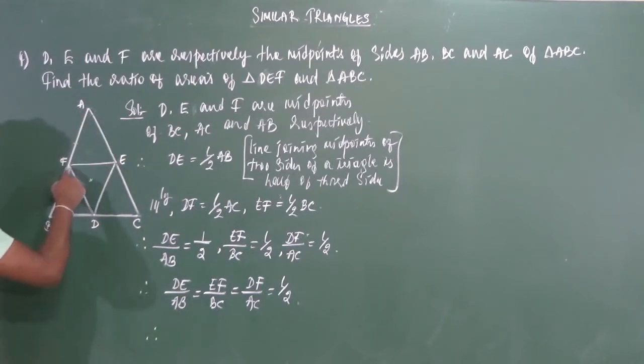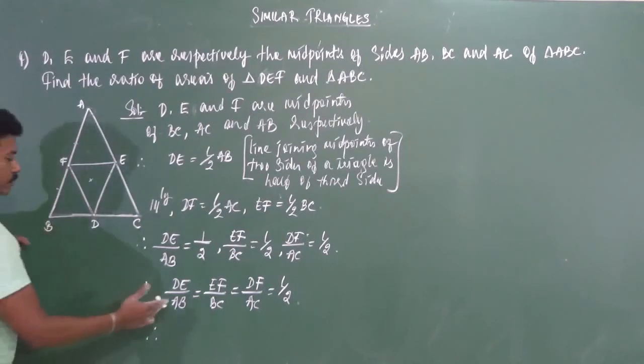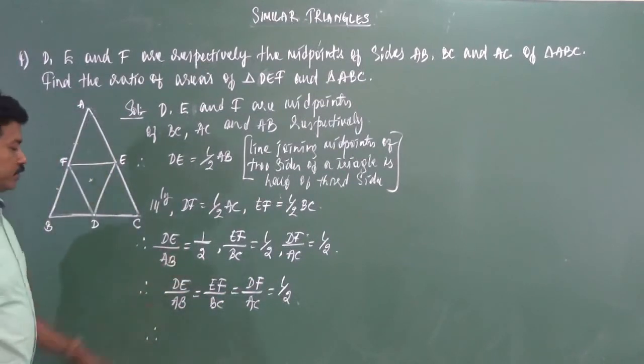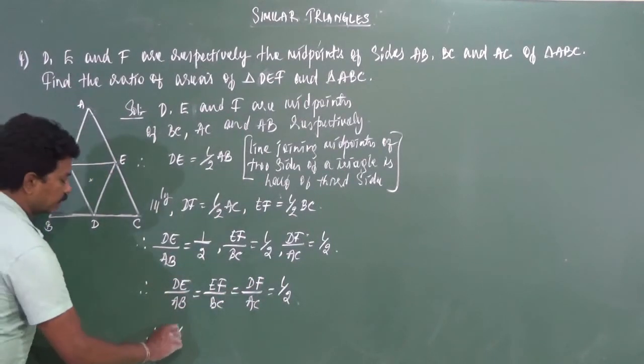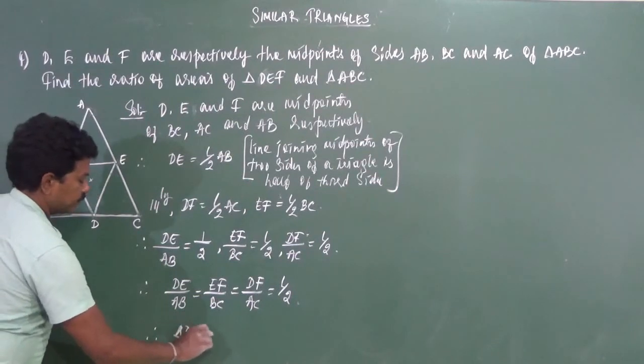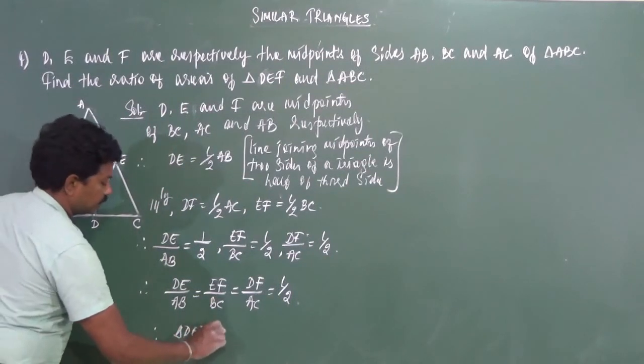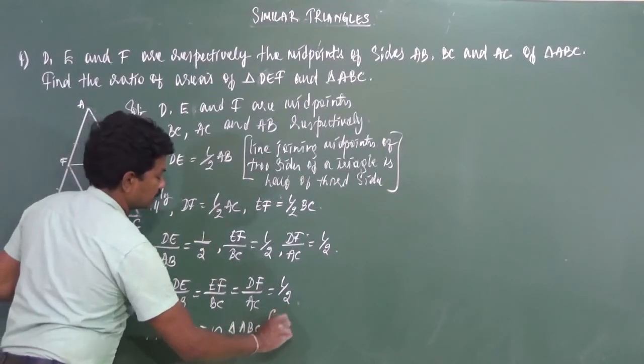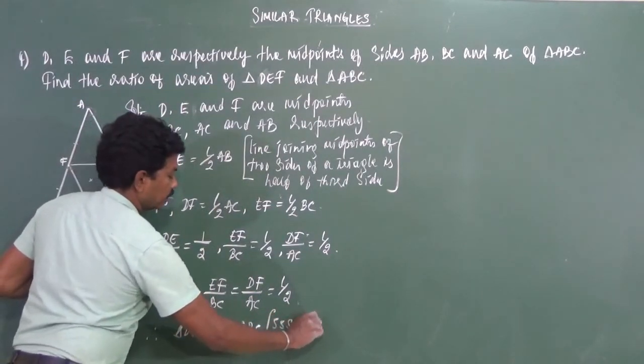In these two triangles, all three pairs of corresponding sides are proportional, that is, they have the same ratio. So triangle DEF is similar to triangle ABC according to the SSS criterion.